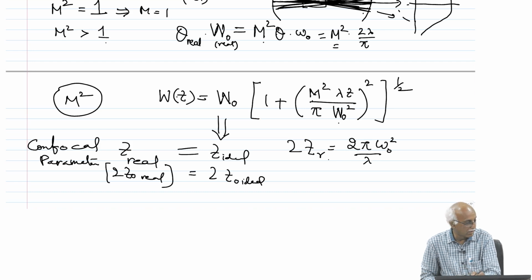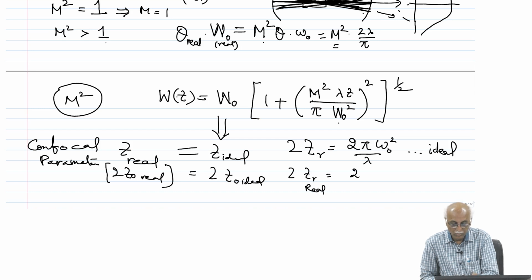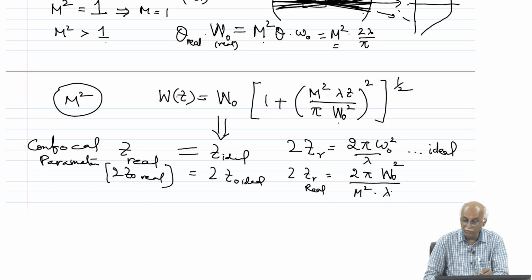And the real one, corresponding to this ideal, is 2 times Z R real, which is 2 pi, and W0 will become accordingly W0 square divided by M square lambda. If you derive, you will end up with this formula.